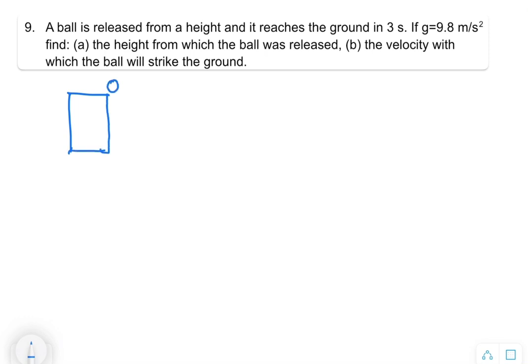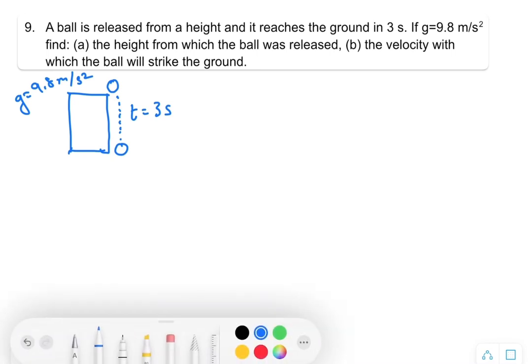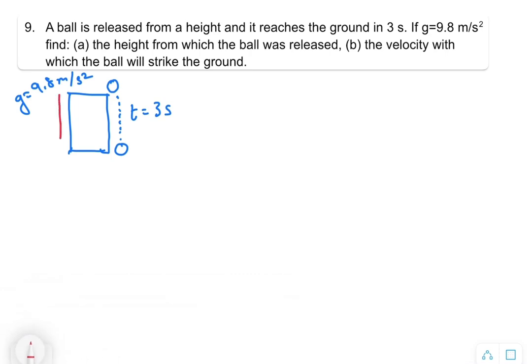So ball has been released from this building. It is reaching the ground in 3 seconds. Acceleration due to gravity G is 9.8 meters per second square. We need to find this height, the height from which the ball was released.